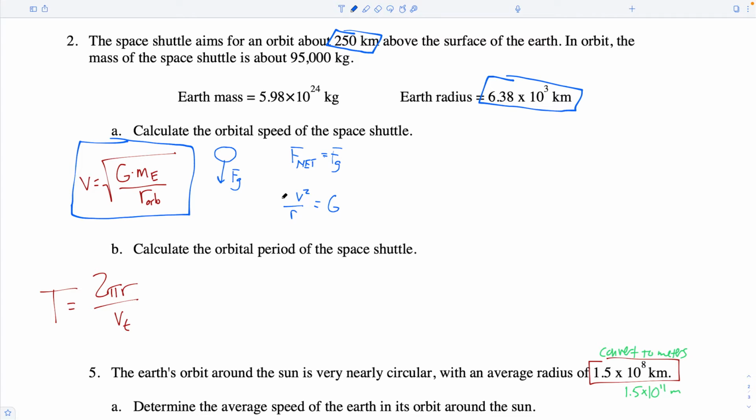Make sure you're really careful with your masses here. Because when we're talking about the net force, this is the net force acting on the space shuttle. So therefore, this is the mass of the space shuttle. And now when you're using the law of universal gravitation, we'll take the mass of the space shuttle times the mass of the Earth divided by the radius squared. And this is the orbital radius.